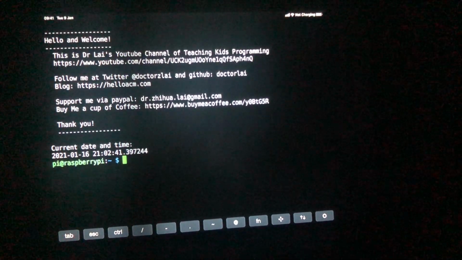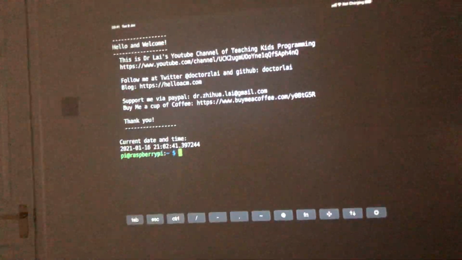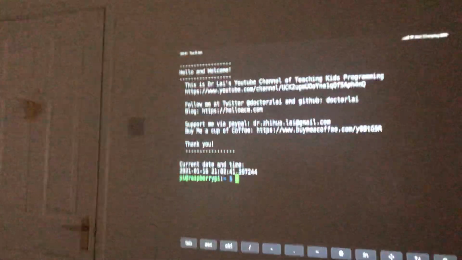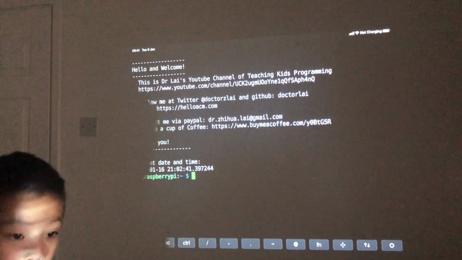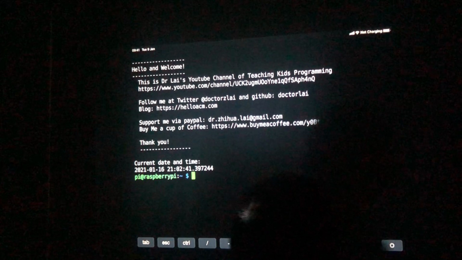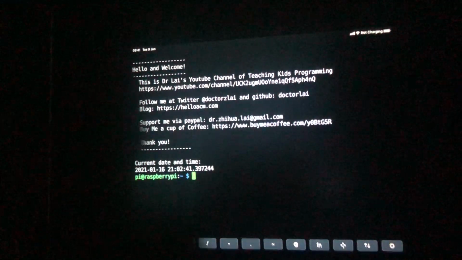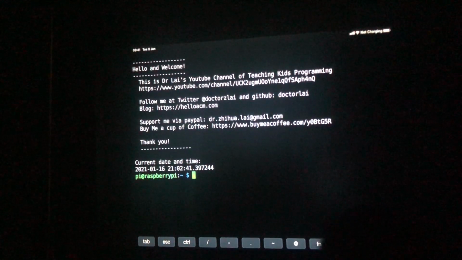Is it clear? Okay, that's fine. I don't need to turn this off. It's very, very clear. Okay, sit down, please. No touching. Good boy. Okay, sit down. Okay, look at the screen.